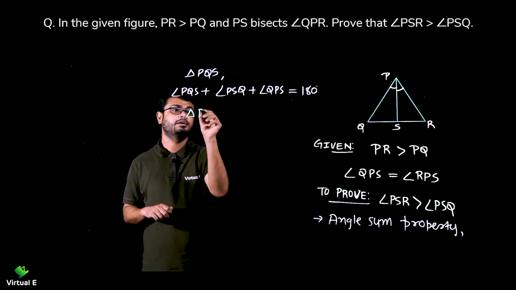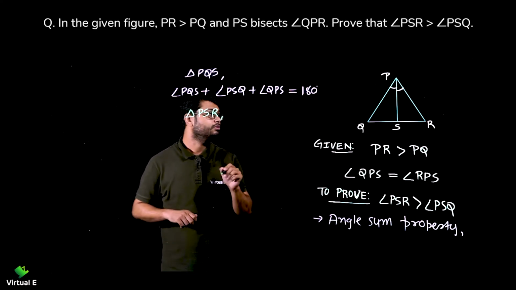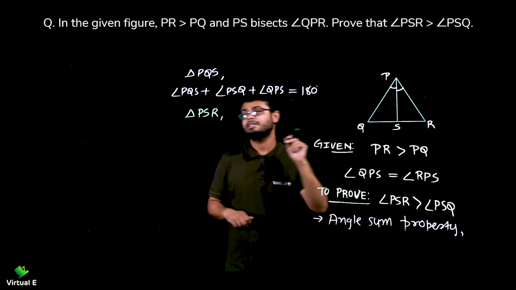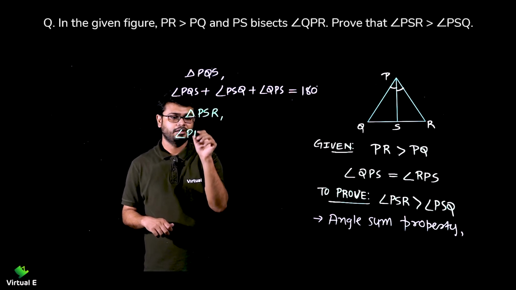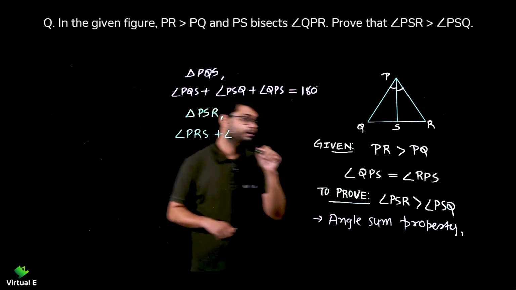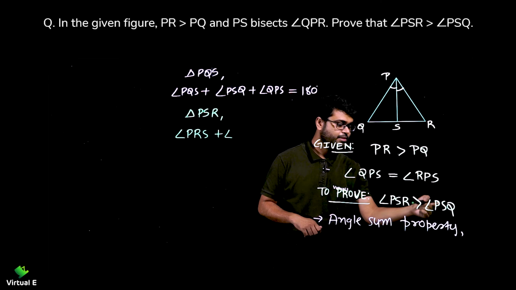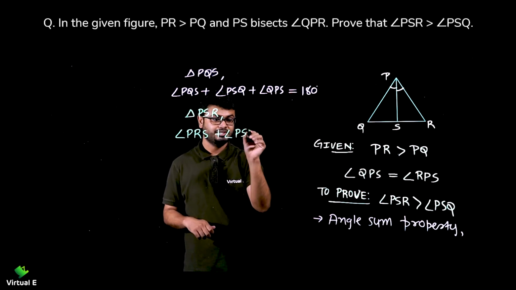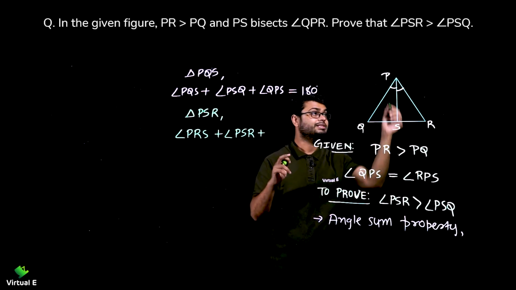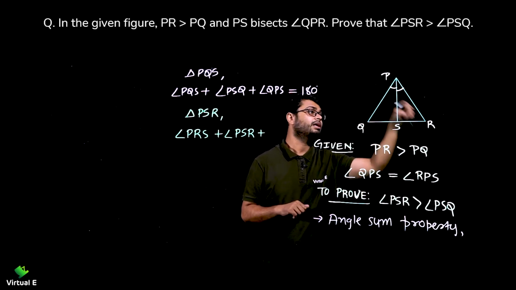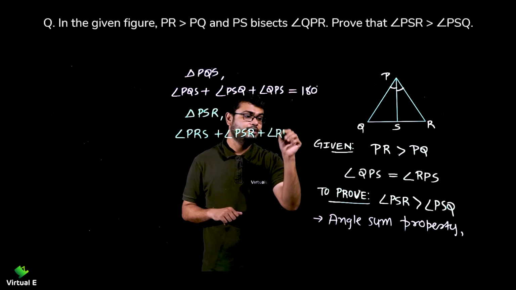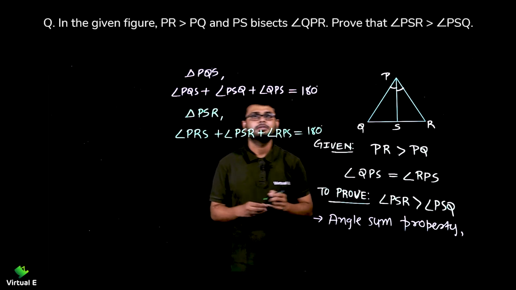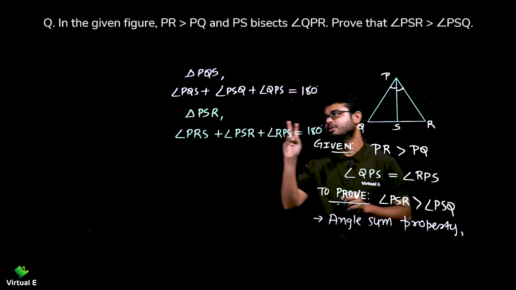Now let's write for triangle PSR in the same manner. Angle PRS plus angle PSR, the angle we want to prove about, plus what's left, angle RPS, is equal to 180 degrees. So we used the angle sum property for both triangles.